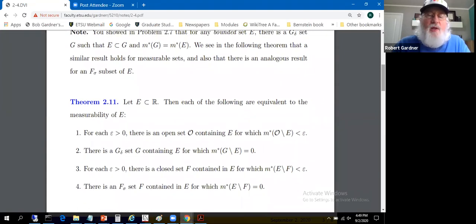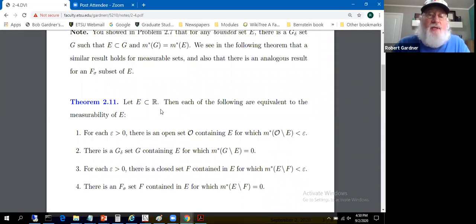And we get the following result, which does mention inner and outer approximations, as we'll call these. It does mention covering set E with a G delta set G and sort of packing inside of set E an F sigma set F, and getting something or other to have outer measure 0.